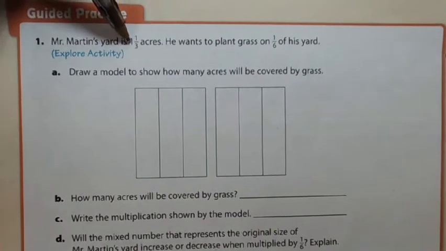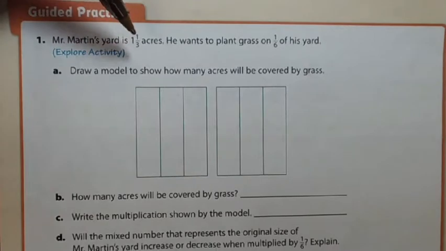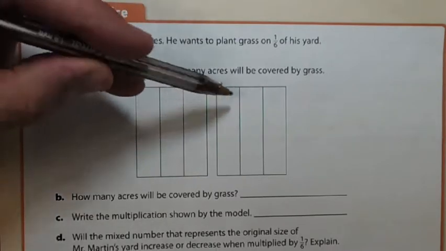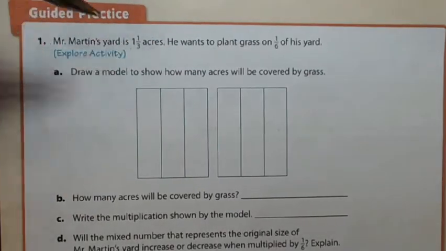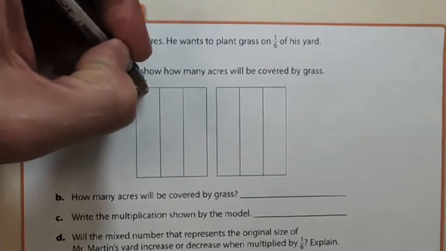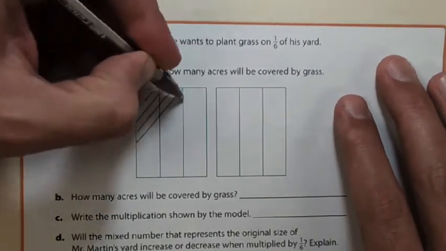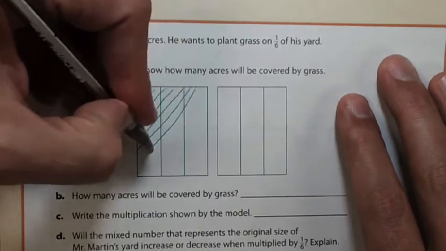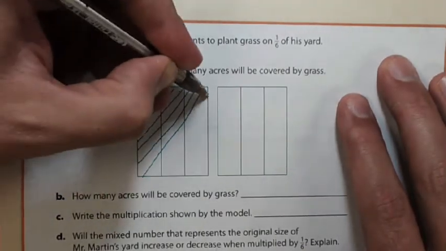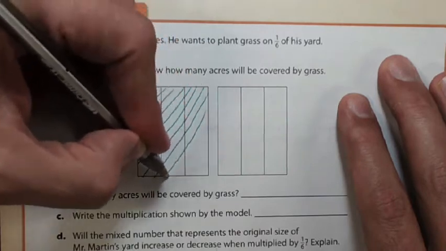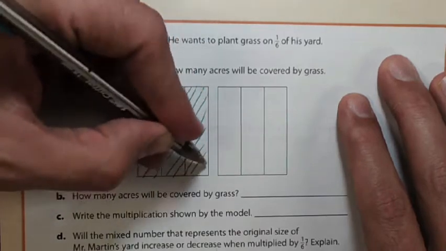So we're going to start with the bigger number here, the 1 1/3. And so everything is already split into thirds. So the whole number is 1, which means the whole thing is going to be shaded in like this. Okay, so we're shading in one whole number.